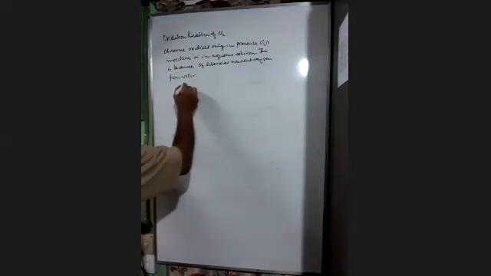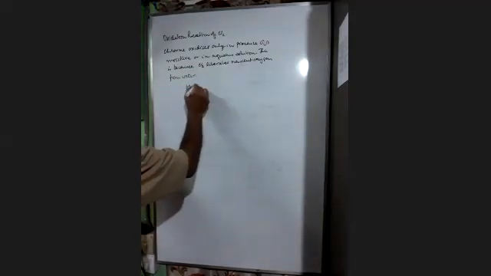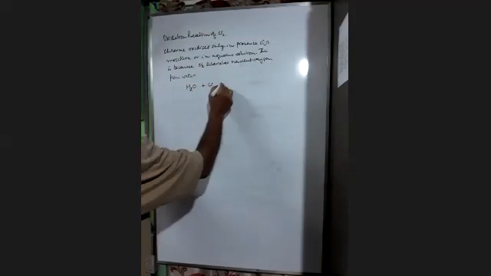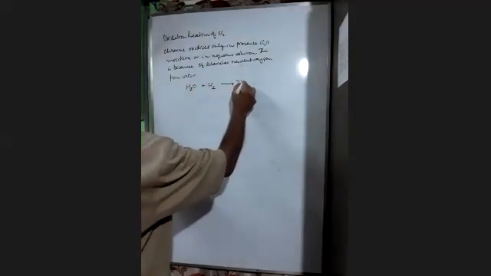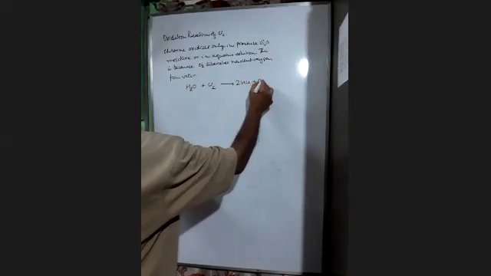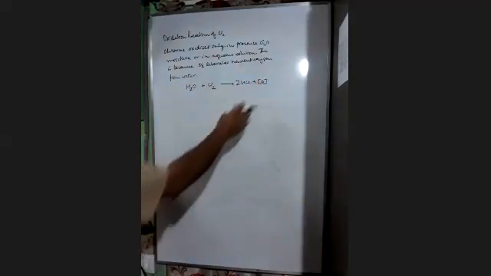This is the one which oxidizes. So we'll do some examples first. You write an example, it is very easy. You can do it.